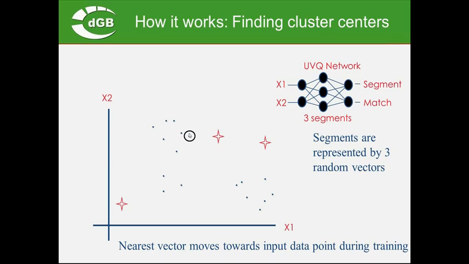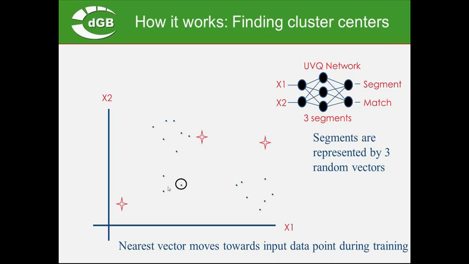A data point is selected here. All the cluster centers are examined. Here the case is 1, 2, 3. The Euclidean distance is calculated, and the closest one moves toward the selected data point. This type of iteration is done also here.